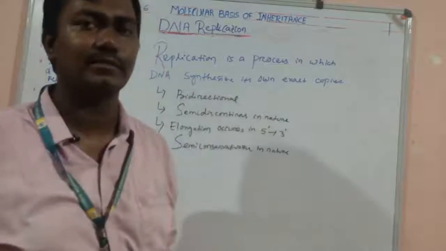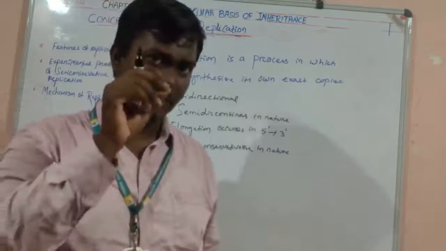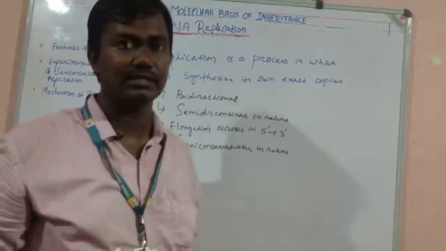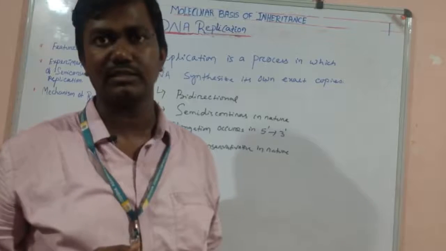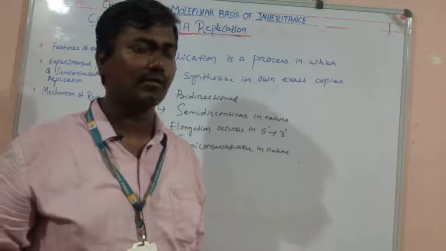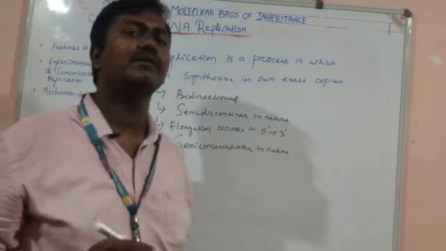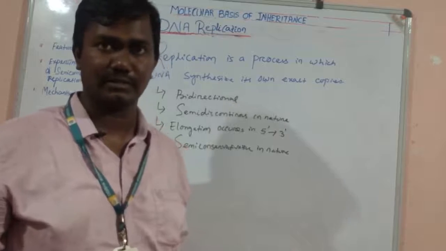What is semi-conservative in nature? In daughter duplex, one strand is from parents and another strand is newly formed. Got it? Now come to experimental proof of semi-conservative nature of replication.